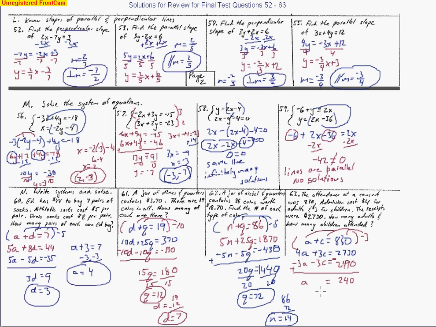And that would be the number of adults. Well, if we just subtract that from 830, that'll give us the number of children who attended. And so we do that subtraction, we end up with 590. So 590 children, 240 adults.